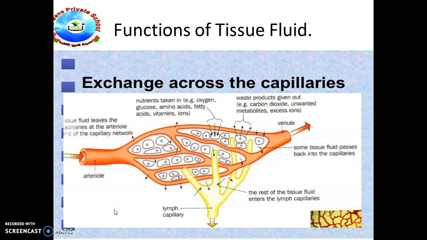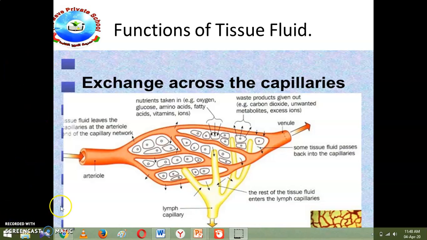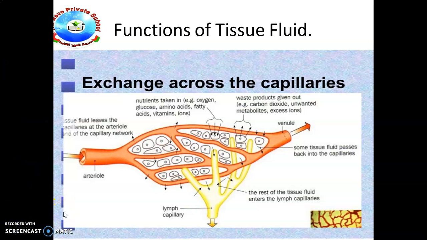This tissue fluid is very important for us. It supplies cells with all their requirements such as oxygen and nutrients, which diffuse from the blood through the tissue fluid to the cells. In the same manner, the waste products such as carbon dioxide also diffuse in the opposite direction. Every cell needs a certain temperature.